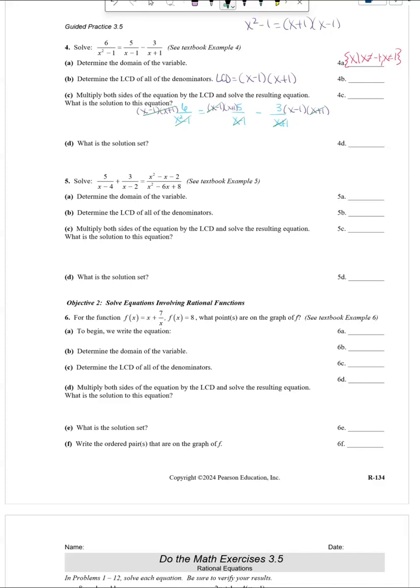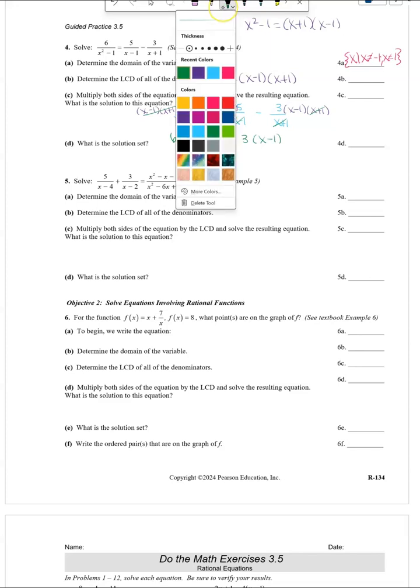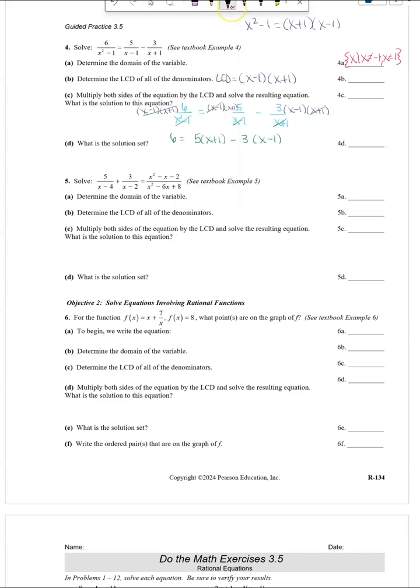So all we have left on the left-hand side is 6 equals 5 times x plus 1 minus 3 times x minus 1. Now we can distribute. So we're going to get 6 equals 5x plus 5 minus 3x plus 3. When we do all this math, we're going to get 6 equals 2x plus 8.